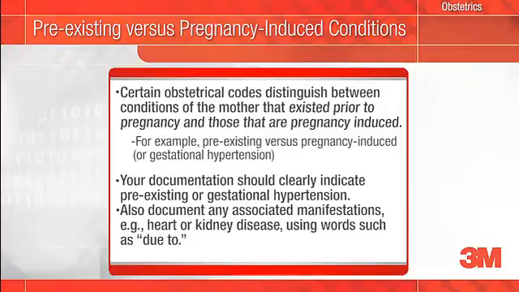Consequently, your documentation should clarify whether the hypertension is pre-existing or gestational. If the hypertension is pre-existing, any associated manifestations such as heart disease or kidney disease should be documented showing cause and effect such as heart or kidney disease due to hypertension.